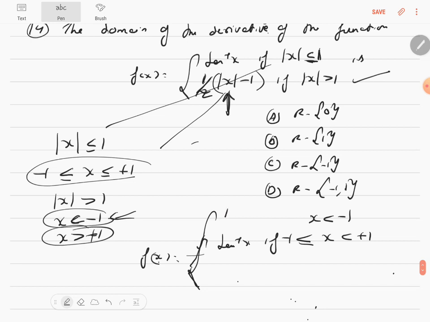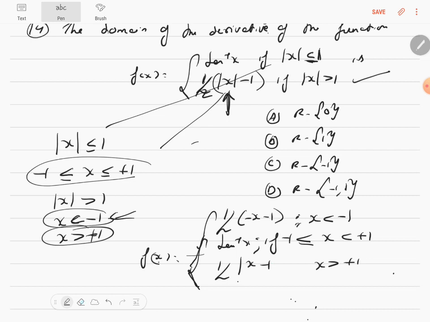So can I write half of minus x minus 1 while redefining this? And next is for this condition, if x is greater than plus 1, we can write half of mod of x minus 1.